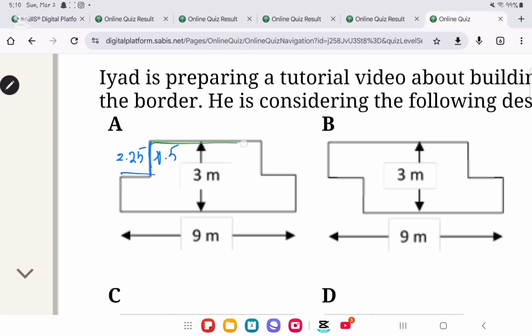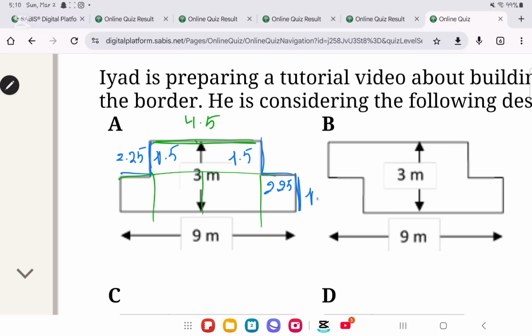And then we have this over here. As we said, they were all divided into 4 equal parts. So over here, this is 2.25 plus 2.25 because they are two boxes, and together you get 4.5. And then again, this over here is 1.5 meters, and this is 2.25.